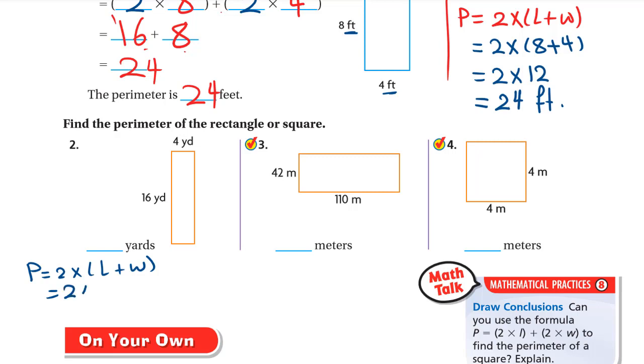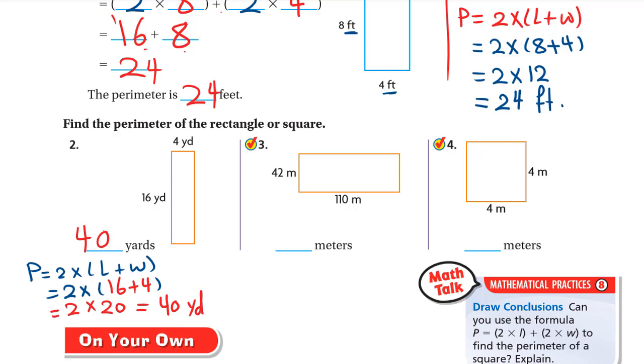So I write 2 multiply, and instead of length plus width, I write 16 plus 4. So here is equal. 2 multiply, and instead of 16 plus 4, 16 plus 4 is 20. So 2 multiply 20 is 40 yards. So here I write 40 yards.